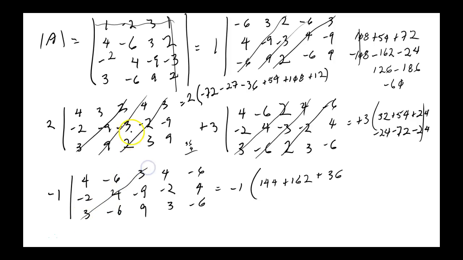Then my up diagonal is going to be minus 36, because 9 times 4 is 36. And this is going to be a minus 54 times 4, 216.